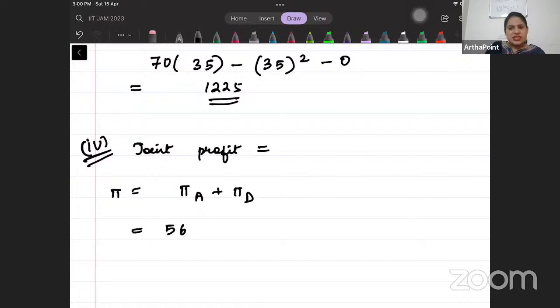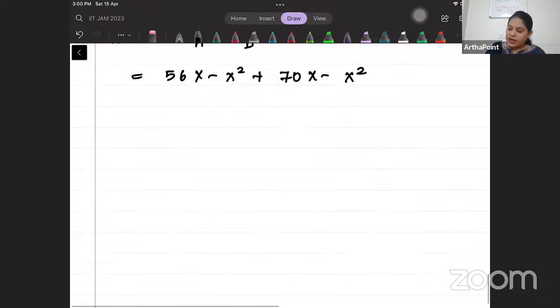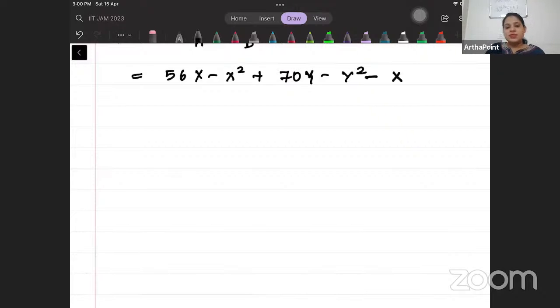Airport's was 56x minus x square, and the developer's was 70y minus y square minus xy. This is the joint profit.